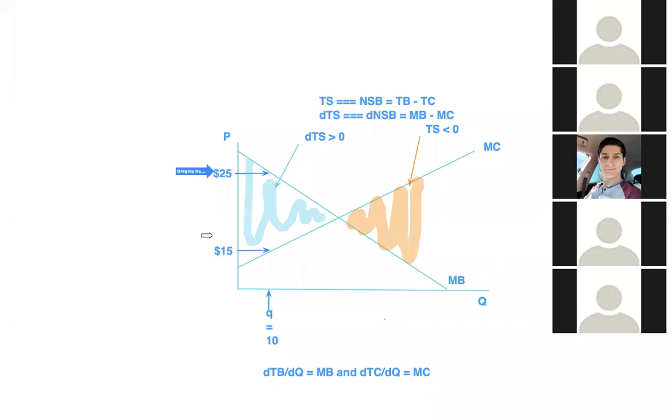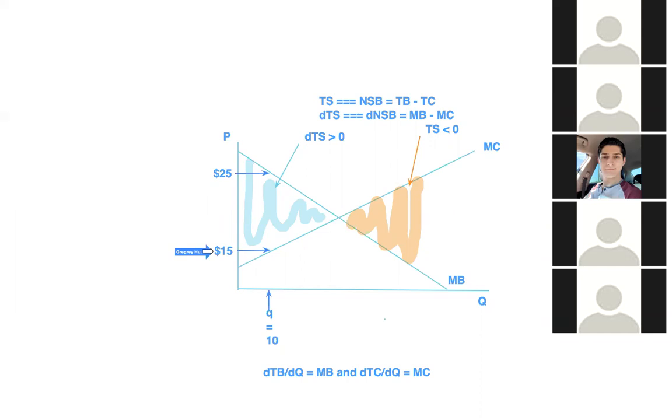And so what are the gains from trade? Like $10. Yeah, so it's the difference between the willingness to pay of the buyer and the cost of the seller. Now, did we mention a price?